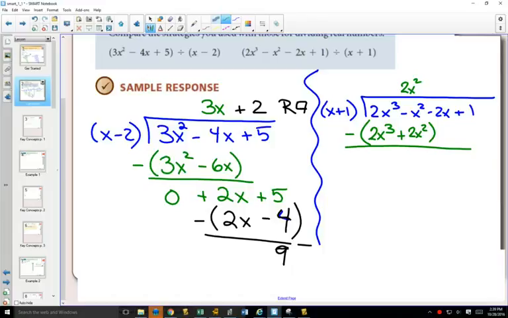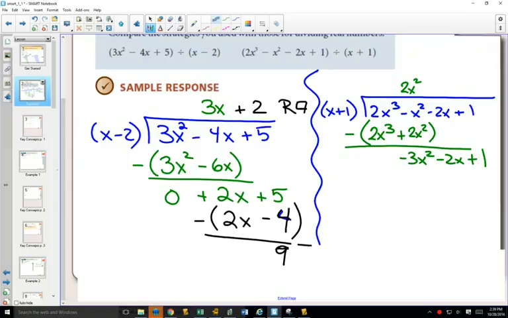This will be 0. Minus x squared minus 2x squared will be minus 3x squared. Minus 2x plus 1 will still be there. And now we start the process again. So I'm going to switch colors. Now my biggest number is minus 3x squared. What could I multiply my x plus 1 by to get that?